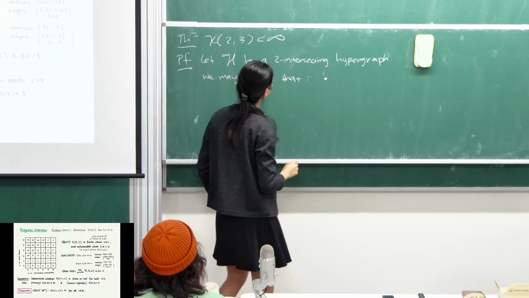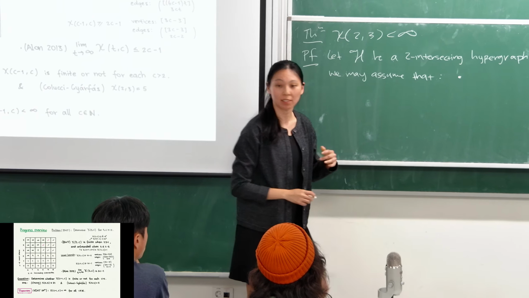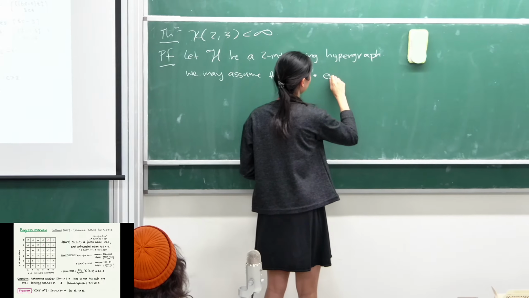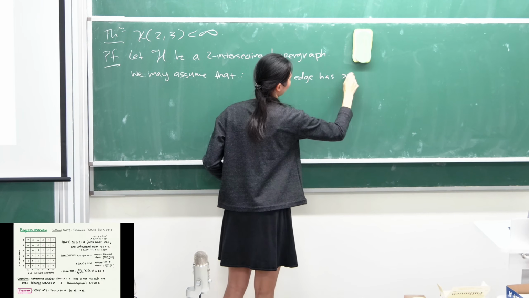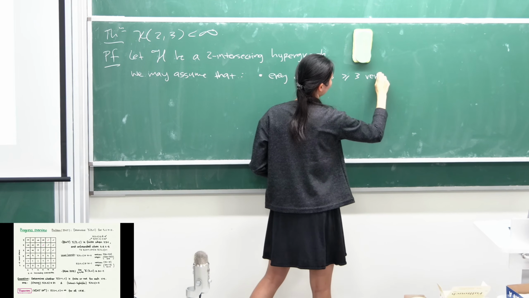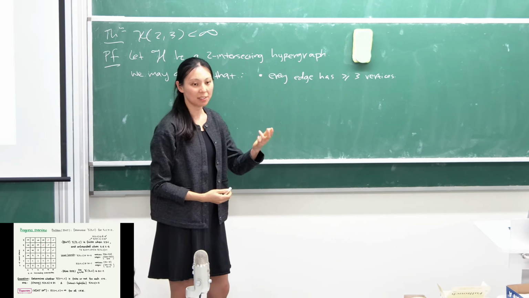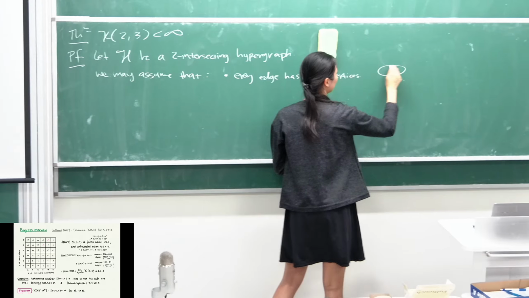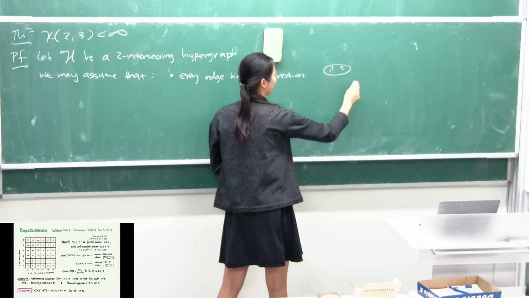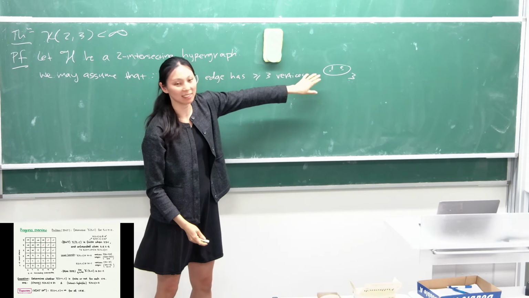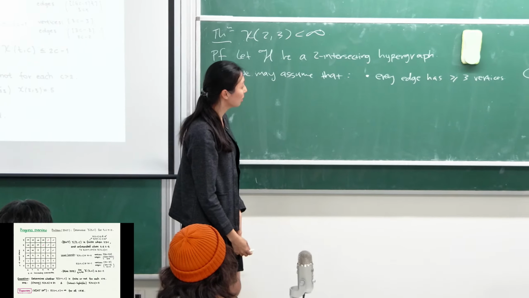First one is that I can assume every edge actually has at least 3 vertices. Okay, so the reason for this is just that if we had an edge, say, with 2 vertices, it looks like this. I would just color this one, this 2, and then everything outside 3. Every other edge actually has to intersect it because it's 2-intersecting, so we'd be done, right? So I may as well assume this.